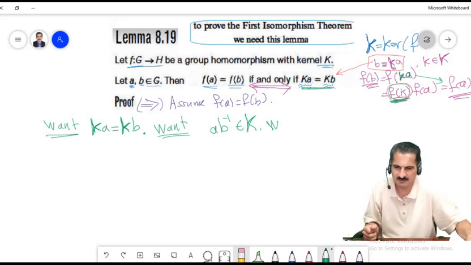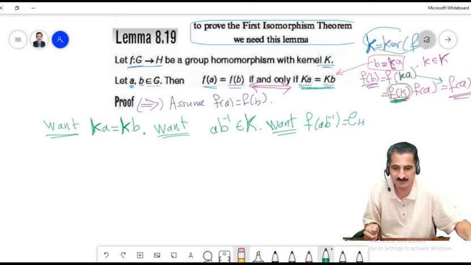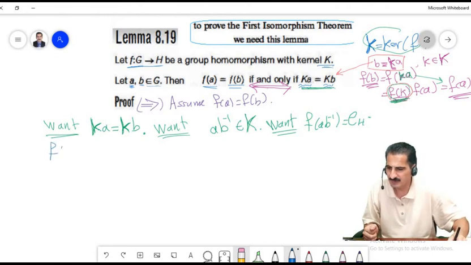But what does that mean? Remember, K is the kernel of F, right? So I want to show that the image of this element is the identity. It's easy, we have done this before. So f of a b inverse, since F is a homomorphism, is f of a times f of b inverse, right?